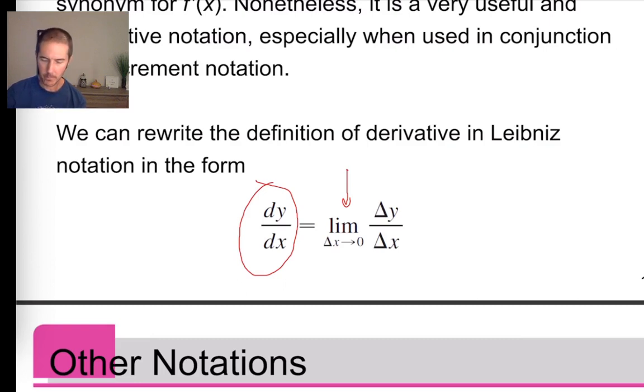Remember that this delta x down here we are often seeing represented as the lowercase h. So usually I would say even that it's as h tends towards 0.